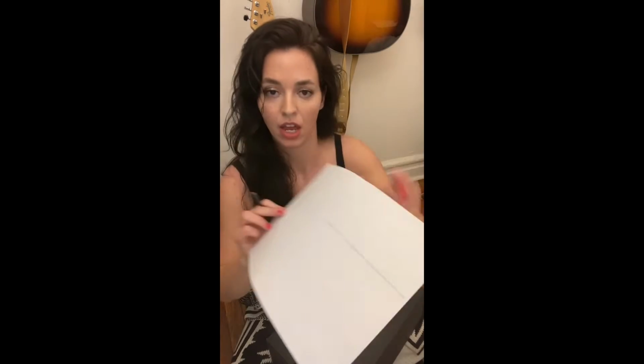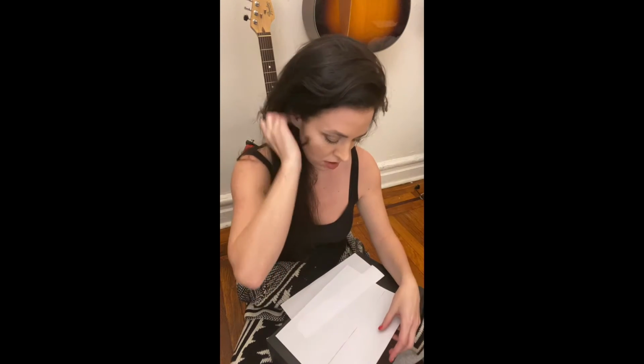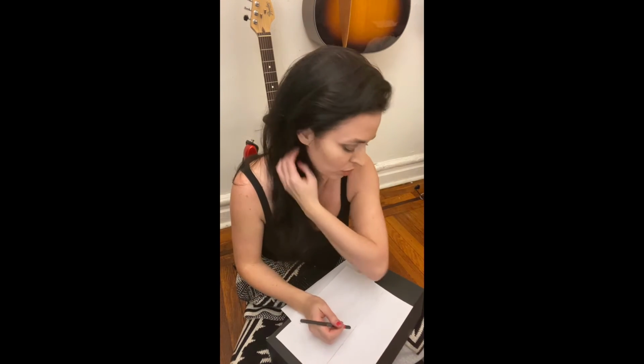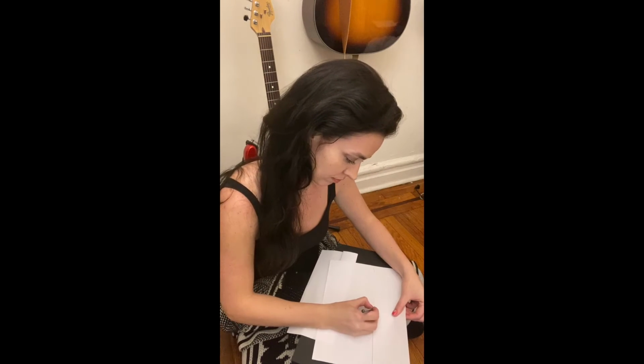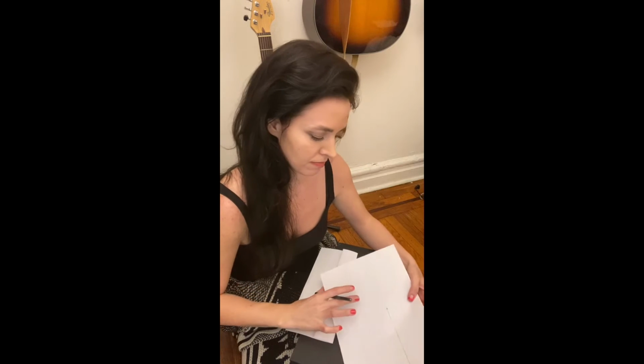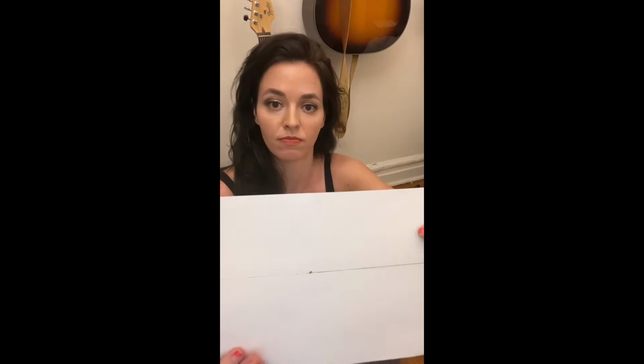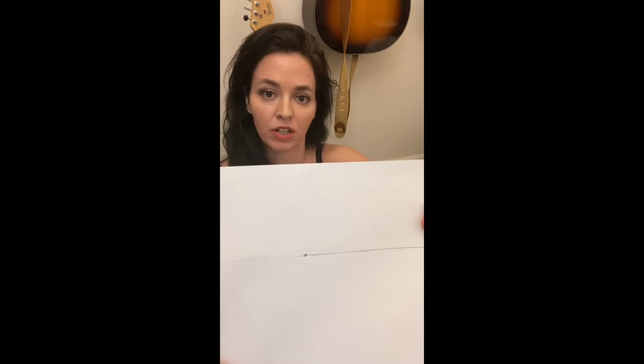Okay, so everybody has that. And then the vanishing point doesn't have to be right in the center of your line, but I'm going to make it pretty central. Okay, so there's my vanishing point.